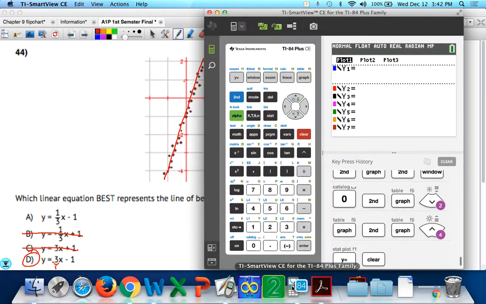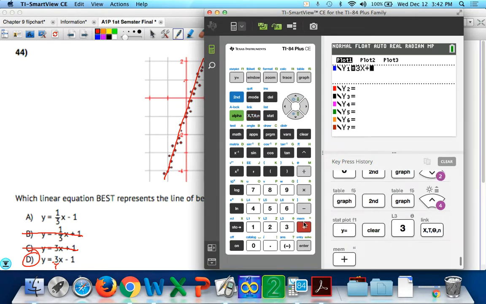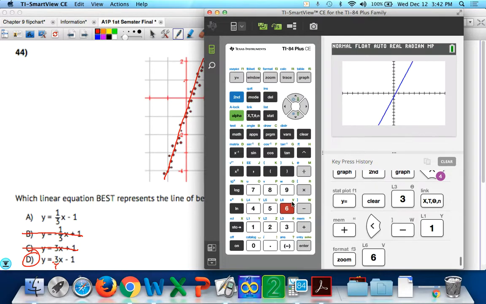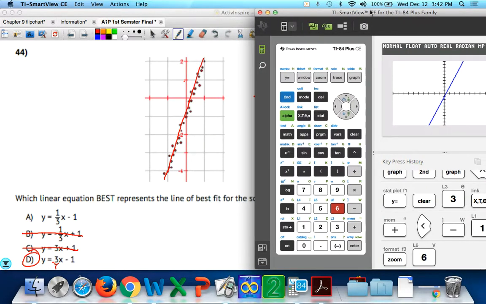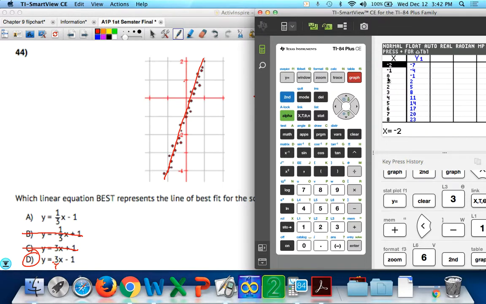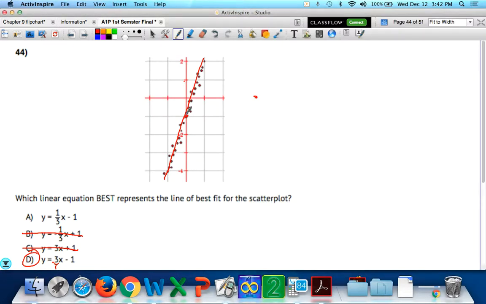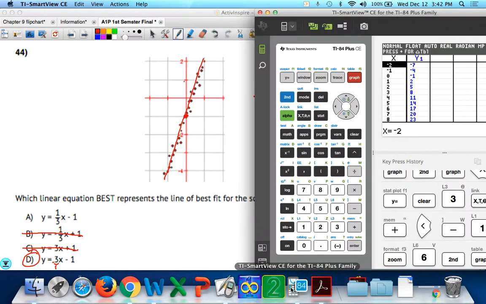I am going to double check that one in the calculator. It is 3x - 1. And we can see that this graph looks kind of like our data. Okay, we check the table to look at some points of it. 0, -1, yeah, that's pretty much a point on my graph. Okay, 1, 2, and 2, 5.